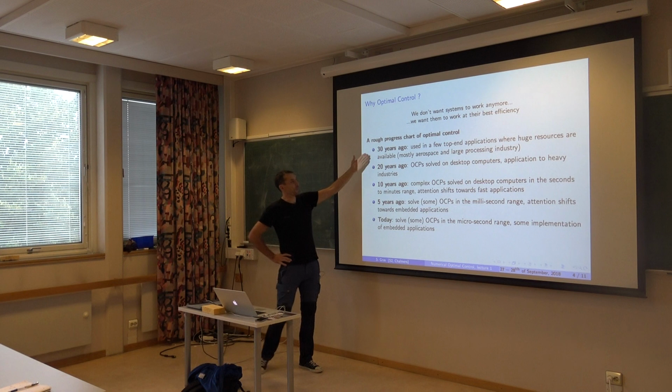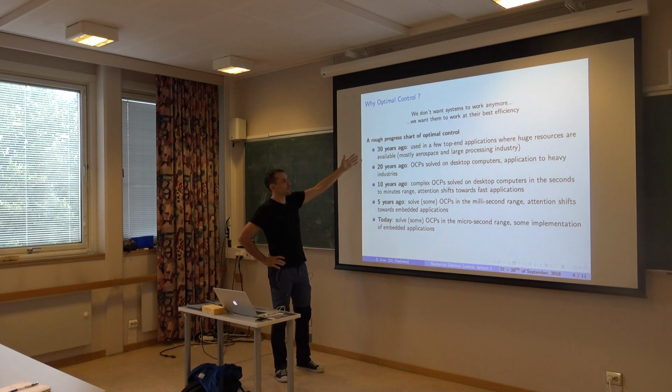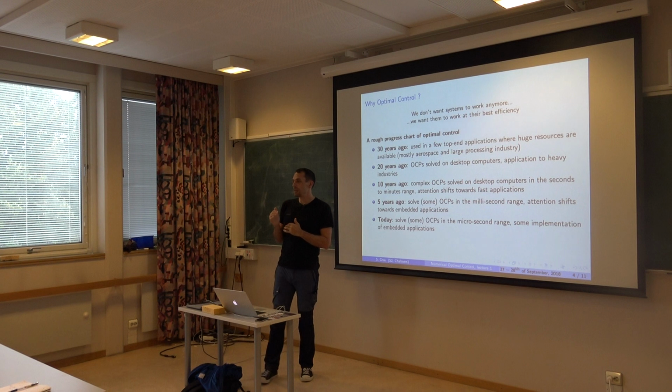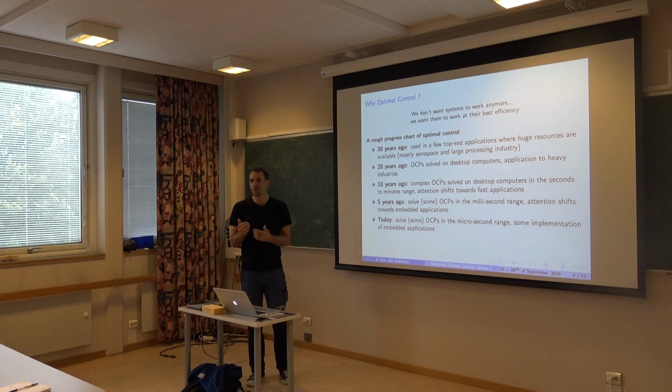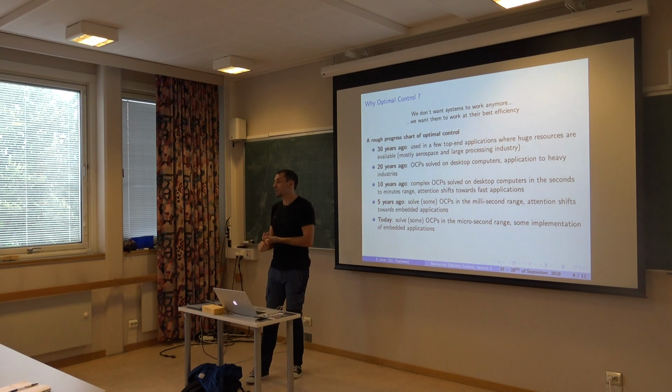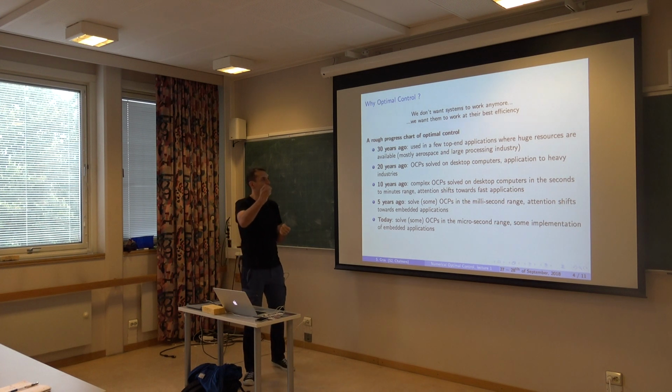If you went back 30 years ago, okay, that's quite a bit in time, but it's not that far in the past in some sense. Only very high-end applications were using optimal control, for example in shooting rockets. How do you get in orbit with the minimum amount of fuel?